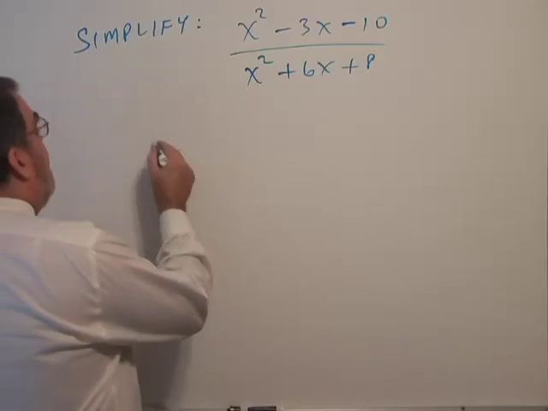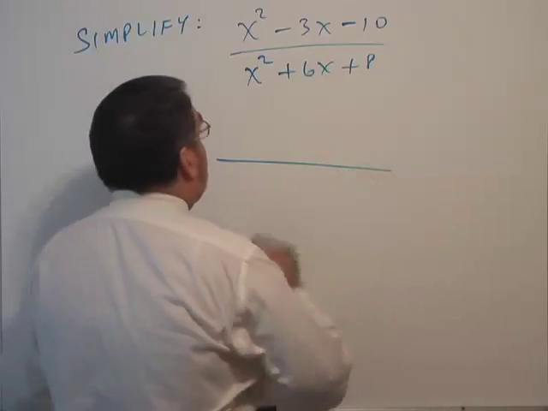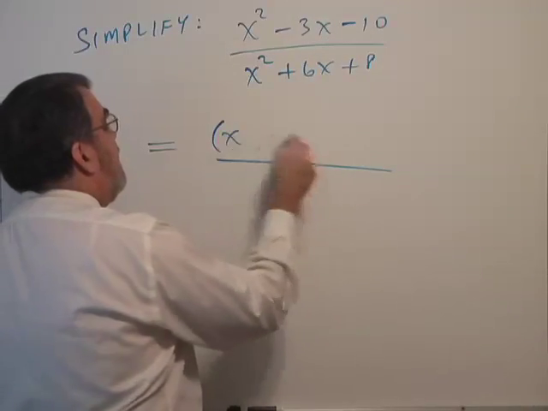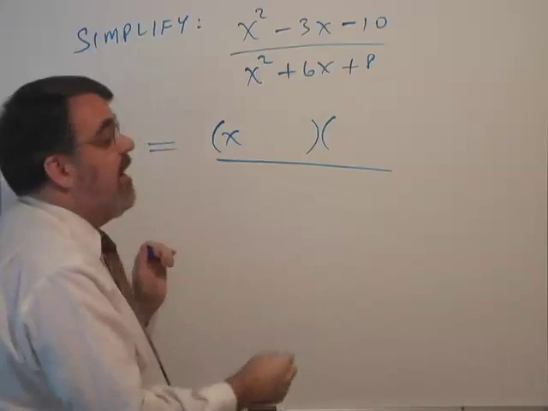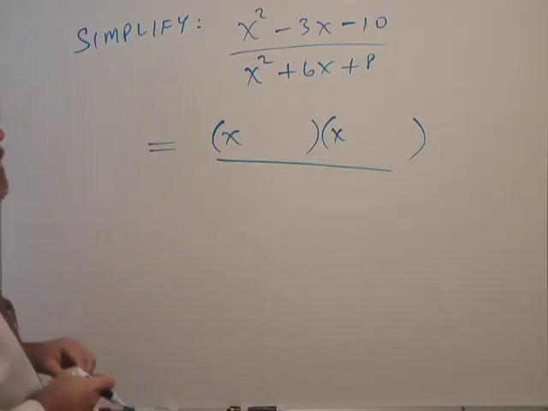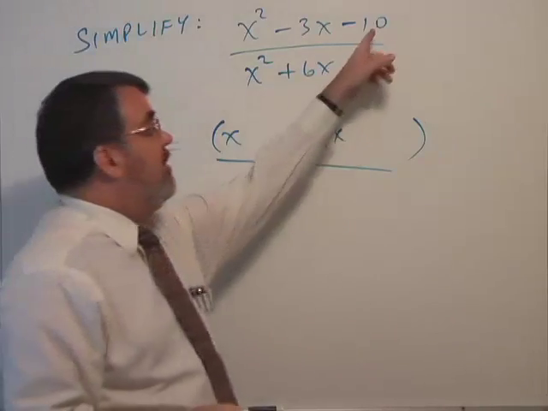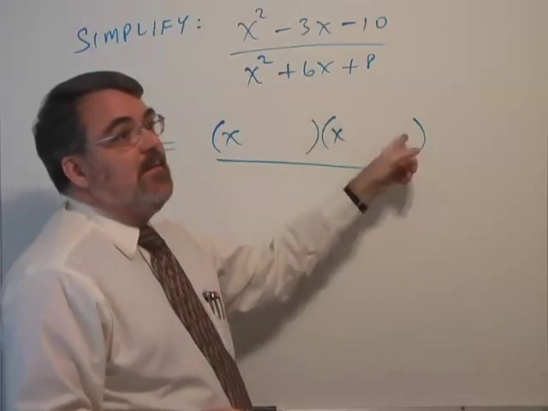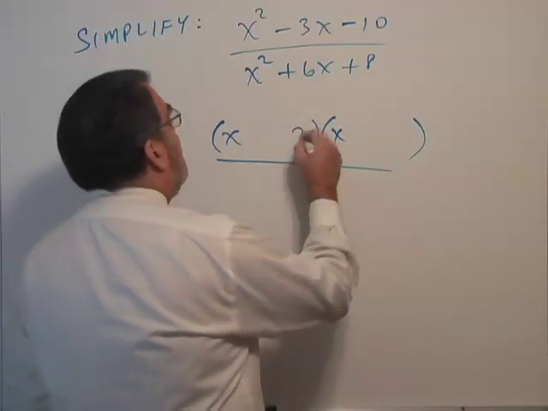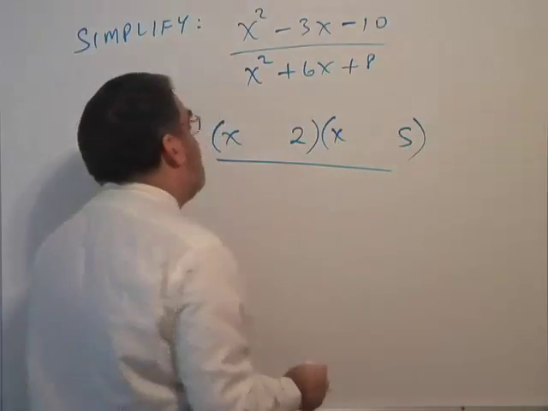The numerator is x squared minus 3x minus 10. It has no common factor, so I know it's going to factor as a trinomial. And 10 is either 1 times 10 or 2 times 5. And with 3 in the middle, you think 2 and 5 is going to be the combination.